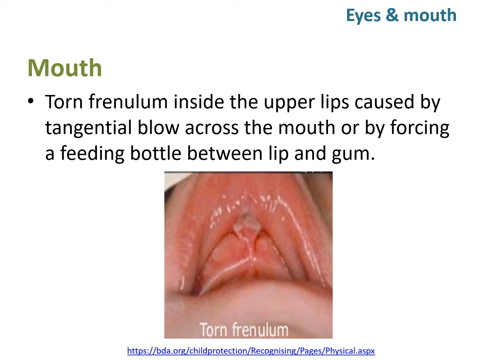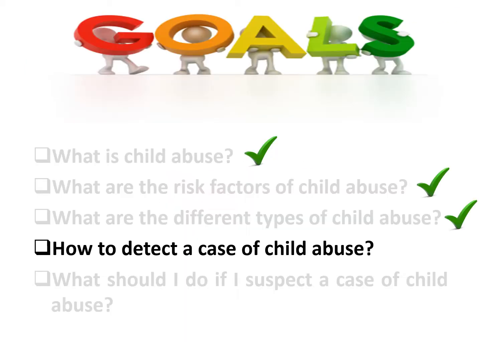Torn frenulum occurs either by a tangential blow across the mouth, or sometimes because of forcing the feeding bottle between the lip and the gum. Torn frenulum is an important sign which may raise suspicion of child abuse.